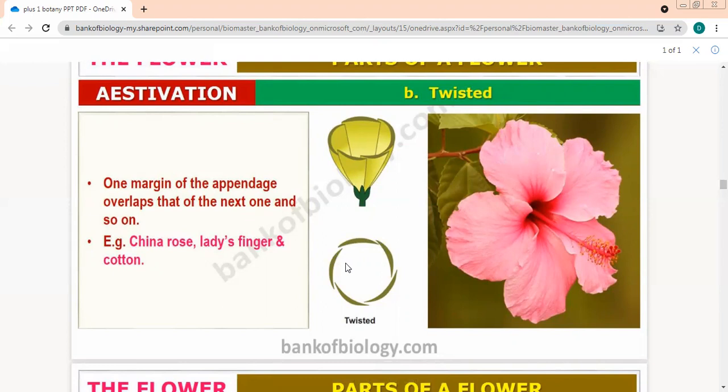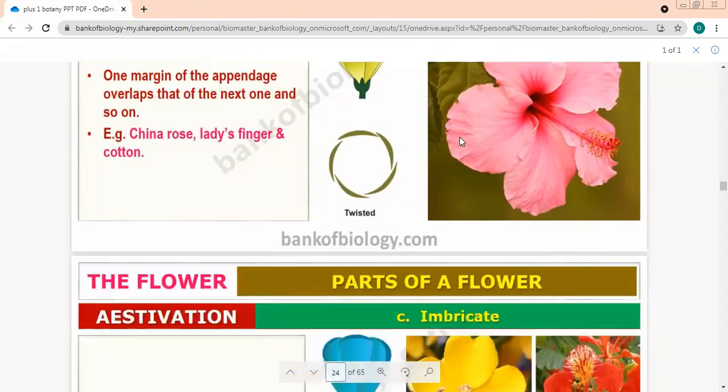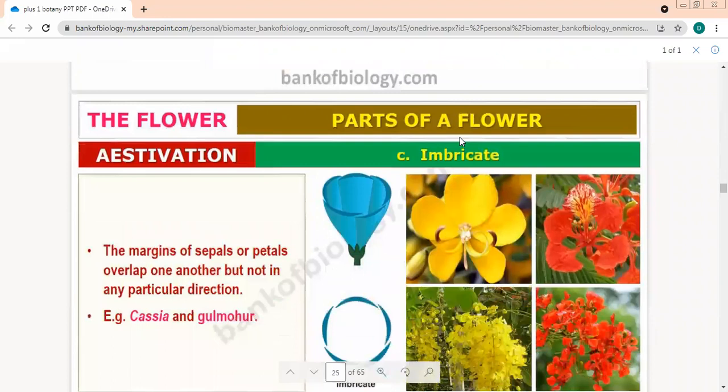This is how we show it in diagrams; it is difficult to draw. One is coming over another, but this is free, and here it is overlapping. Such kind of estivation is known as twisted estivation.